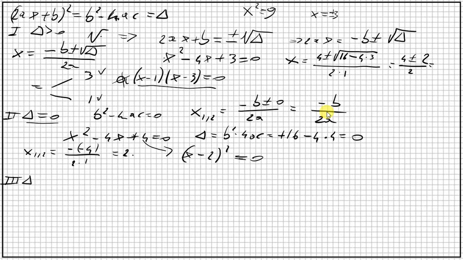Last case, delta is negative. So in this case, when I try to extract the square root of delta, I would be tempted to say it doesn't exist. Let's try to keep our mind a little bit more open. Let's say that the square root of a negative number exists, but is a complex number.